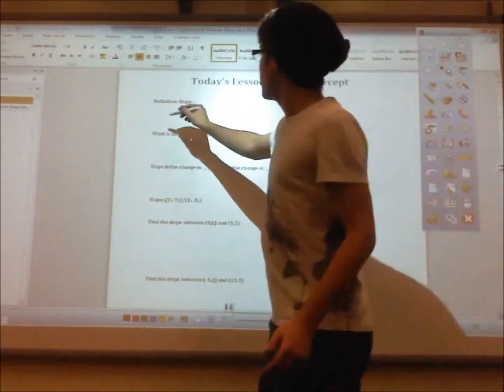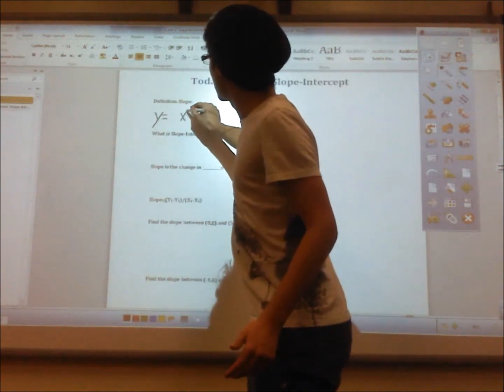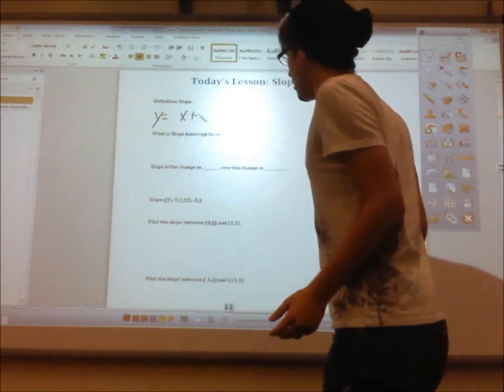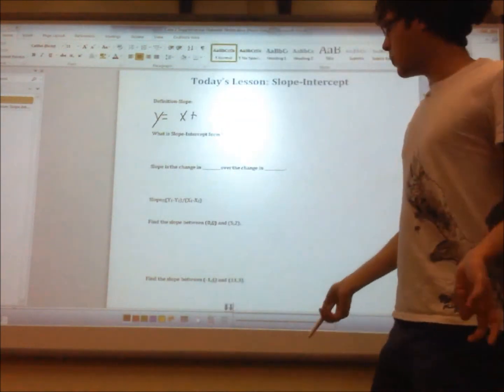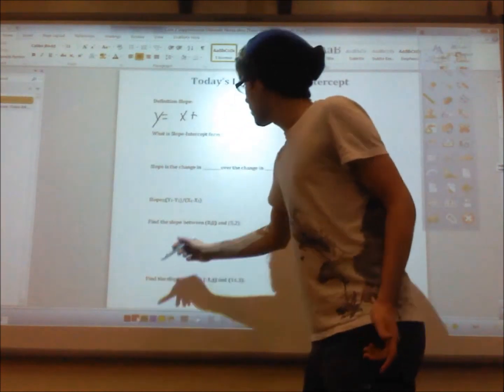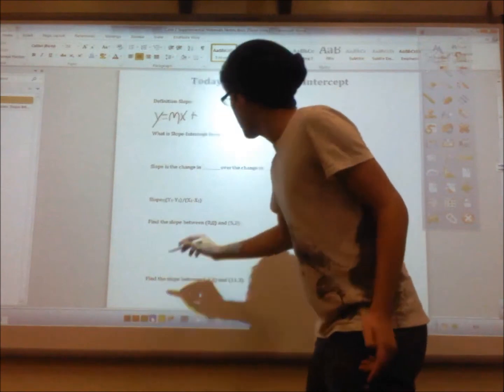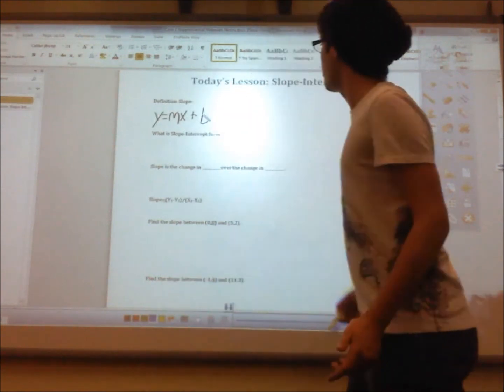So we got y equals blank x plus blank. So maybe if we're going to figure out the slope, we can use a red pen for slope, maybe a blue pen for y-intercept.